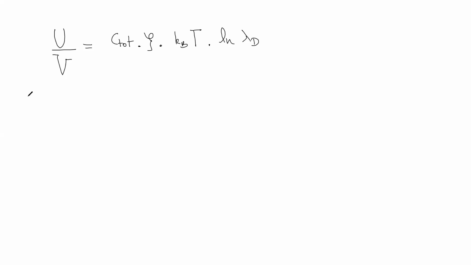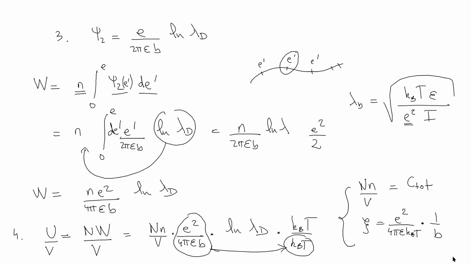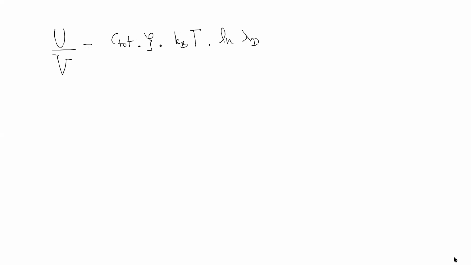So I guess it's question number 5. So we want to calculate the osmotic pressure, but first let us remember what is the osmotic pressure of a free gas of counter ions.